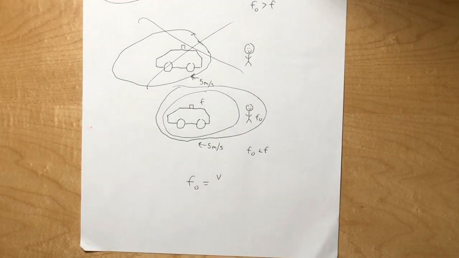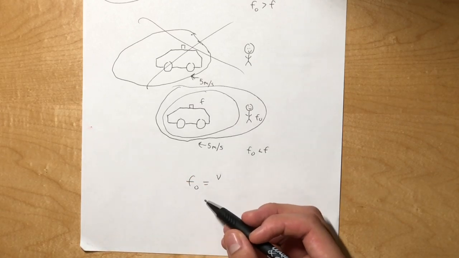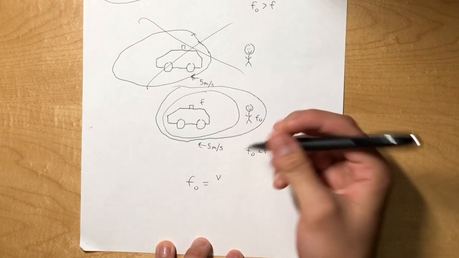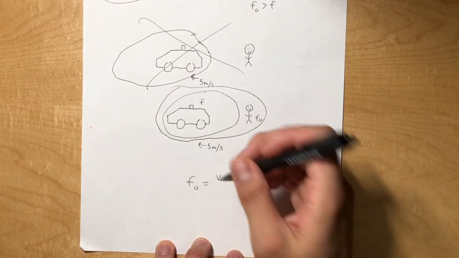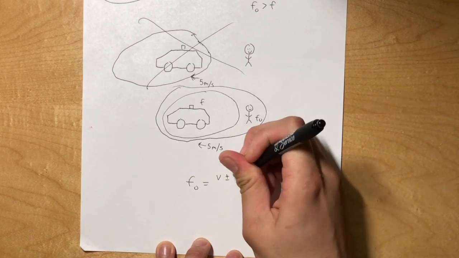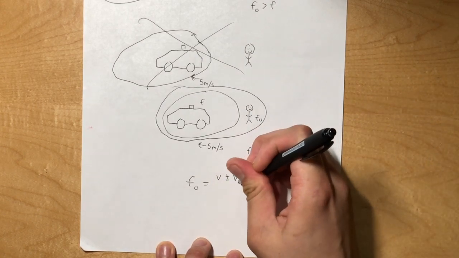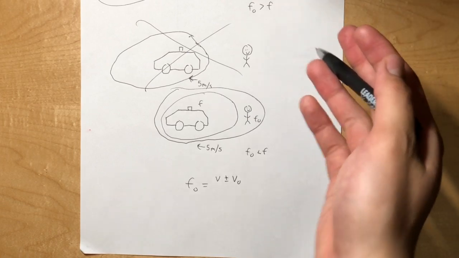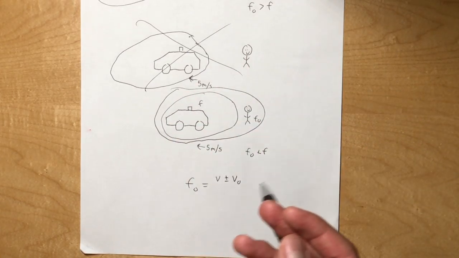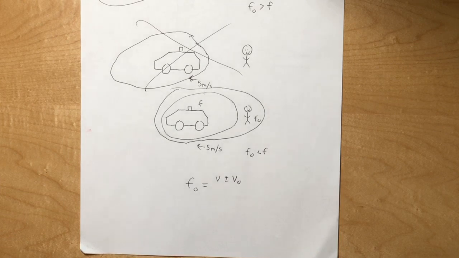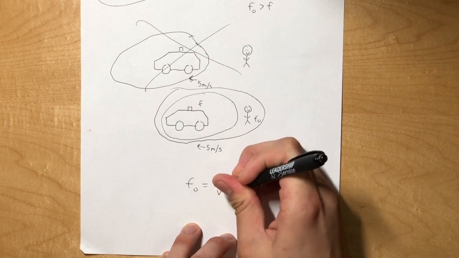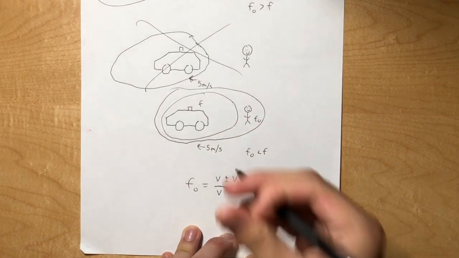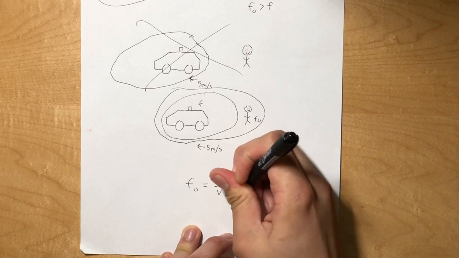So the Doppler effect has a critical equation that allows you to solve these simple problems. So you have your F naught, which is your observed frequency, V, which is just the speed of the wave in the medium. So in this case, it's 343, plus or minus the velocity of the observer. So in this case, where you would move to the left or to the right, it's plus or minus depending on if you're moving towards or away from the source, and then divided by V, the same speed of the medium, plus or minus the velocity of the source.